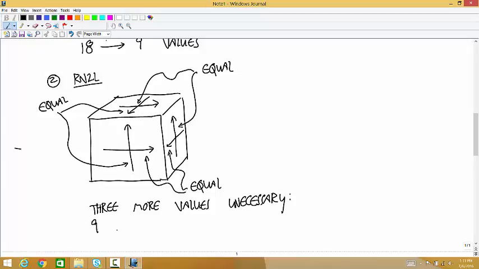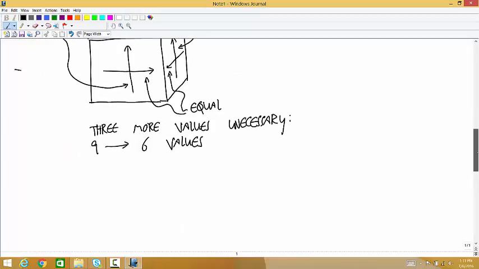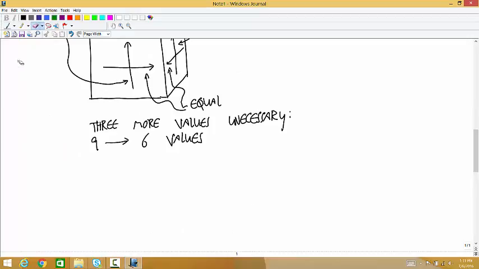So we've gone from 9 down to 6 values. And we'll represent this in a symmetric 3 by 3 matrix.